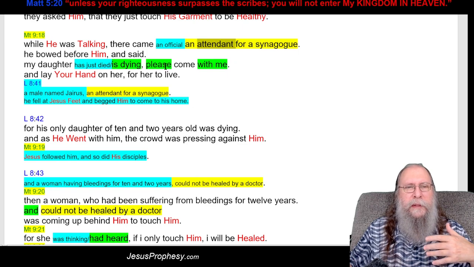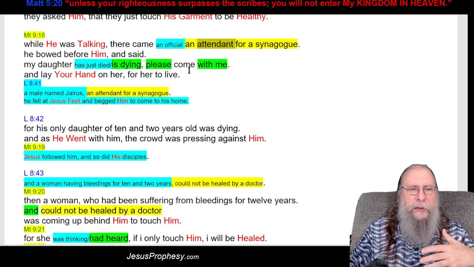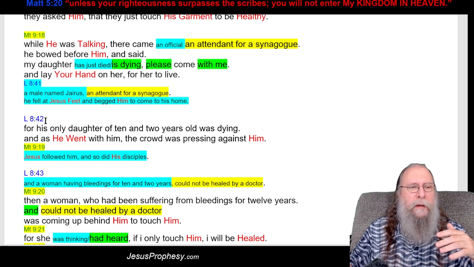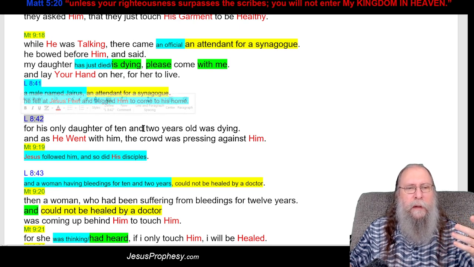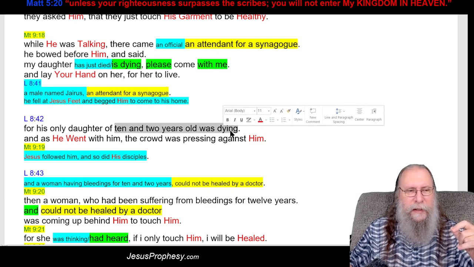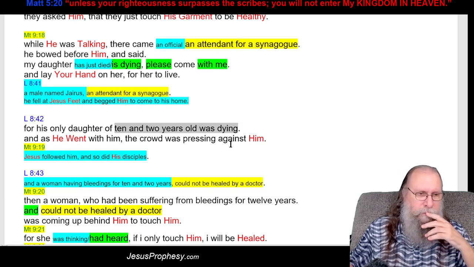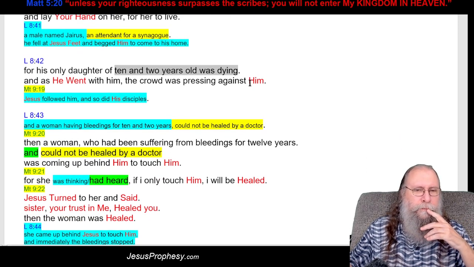It's dying, please come with me. Then when they get back, she is known to be dead. Because here in this story, part of the 11 that I'm keeping was a 12-year-old, 10 and 2, was dying. Okay.